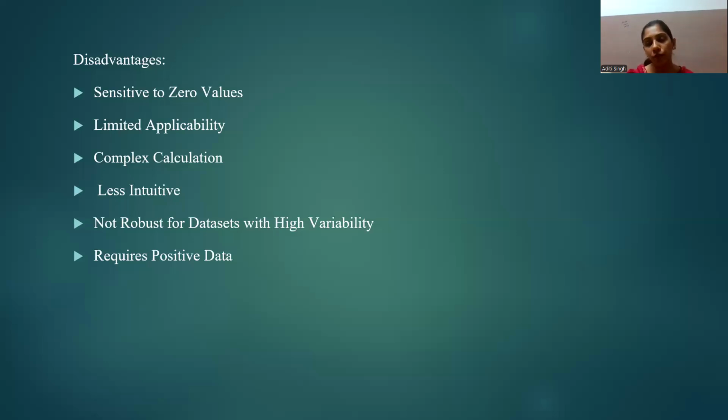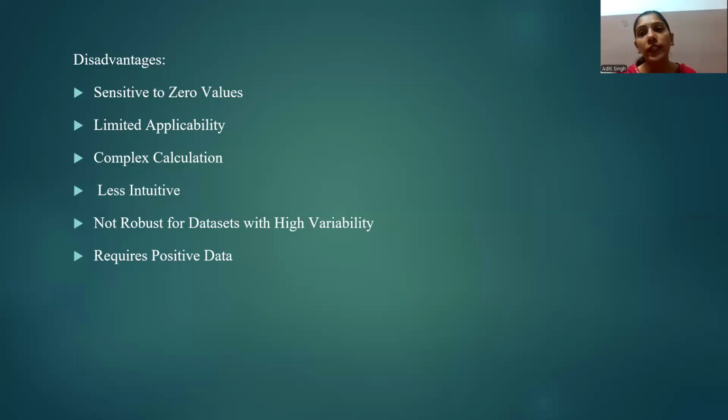So when we have to do the calculation in case of reciprocal, it makes it more complex and more difficult, as while calculating the arithmetic mean, you do not require the reciprocal value of a data set.